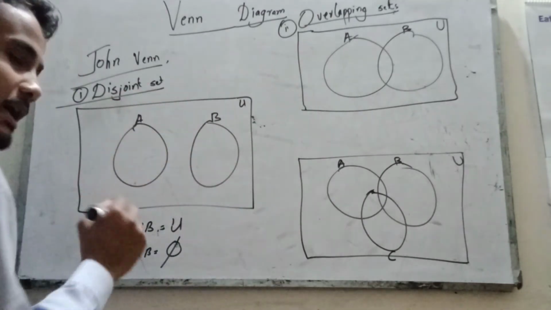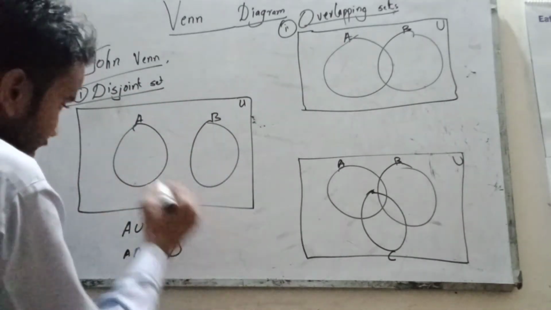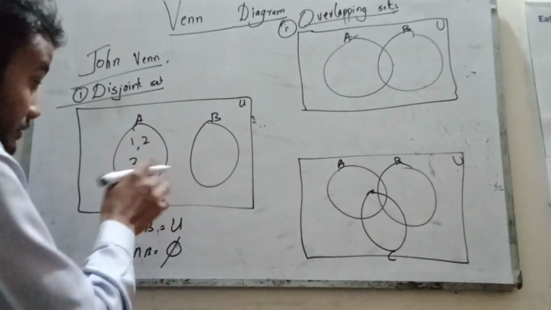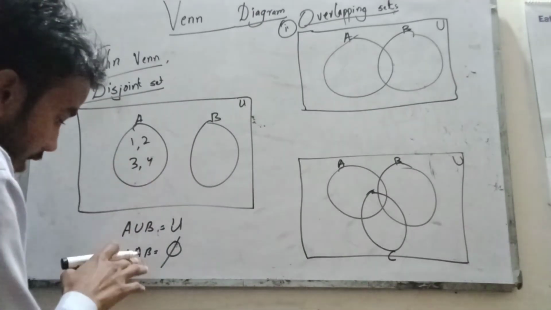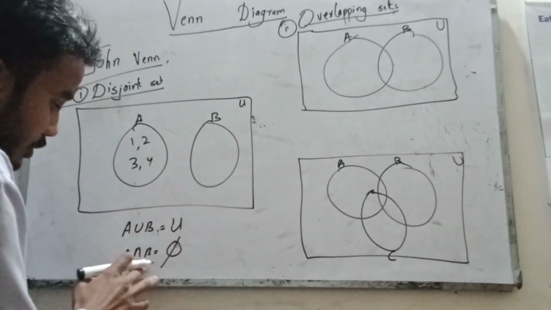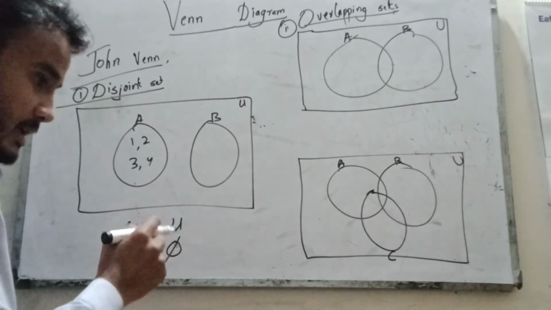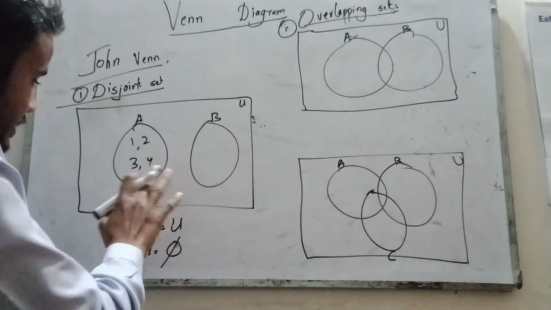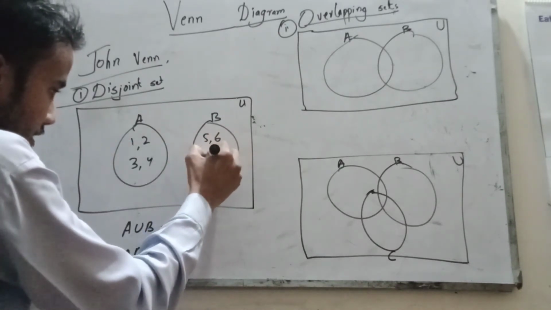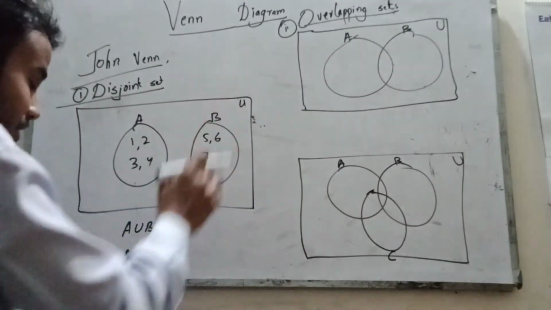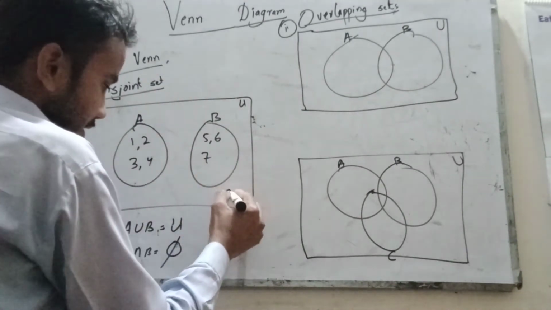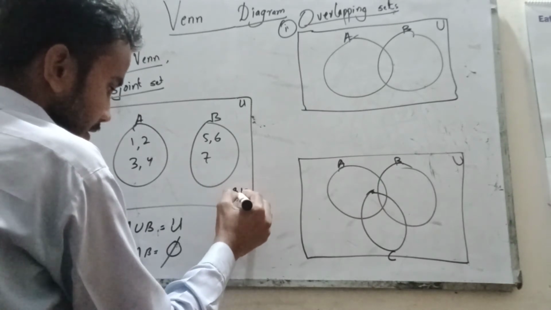Let's suppose we are writing here A is equal to 1, 2, 3, 4, because the intersection of both sets will be empty. So it means there should not be anything common in these sets. So we can write 5, 6, 7, and universal set, let's suppose it is up to 10 numbers. So 8, 9 and 10 are remaining.